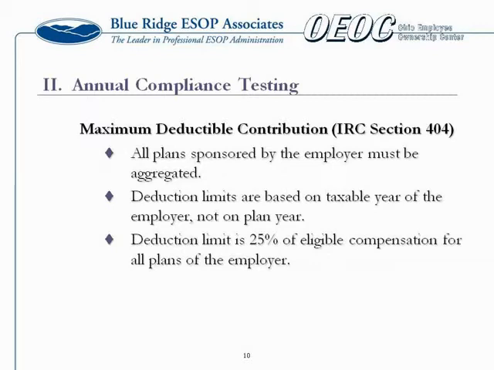However, the elective deferrals in your 401k plan are netted out of this, so they are excluded from this compliance test. They used to be included before 2001 EGTRRA came into play, but now they're not. So it usually leaves more room for you there, and really this has to do with your deduction limits. And it's based on the taxable year, not the plan year. So this is a little unusual, this particular compliance test. And really the limit there is 25% of eligible compensation.